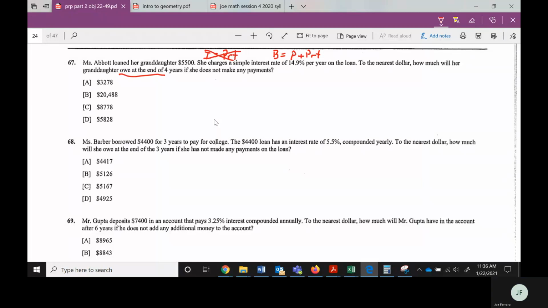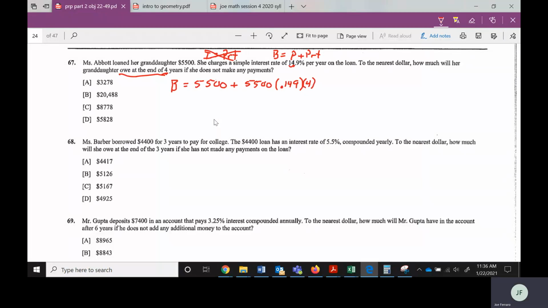So we're looking for the balance, the P, principal, is the amount borrowed. And then we're going to plus P again times R. Now, interest rate as a decimal, we got to move that over twice, so it's 0.149. And then the time, they want to know after 4 years.